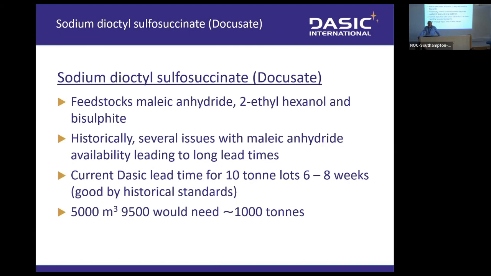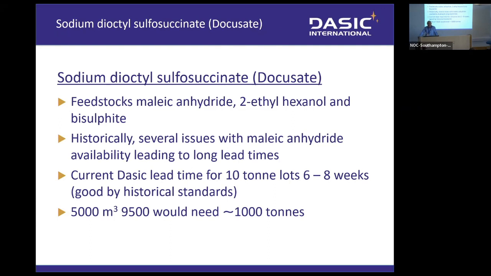Maleic anhydride is made from oxidation of butane. Butane's petroleum source, there's another stage of manufacture there. The maleic anhydride, after the butane has been oxidized, that's then dehydrated to produce an anhydride. So you've got 3 stages of manufacturing there. The 2-ethyl hexanol portion is made from butyraldehyde, which is derived from propane. So you've got several stages of manufacture there.